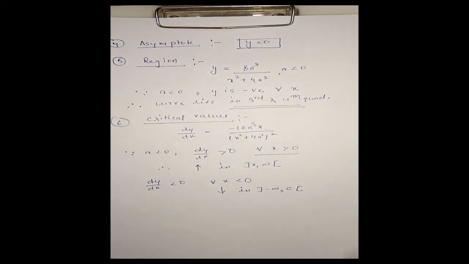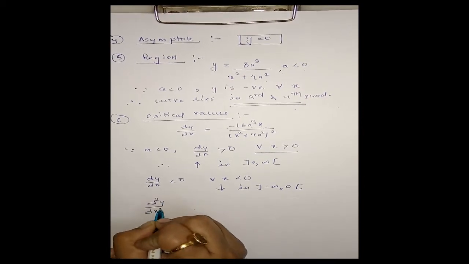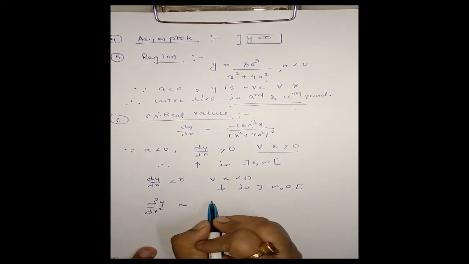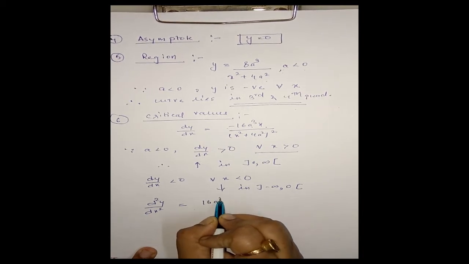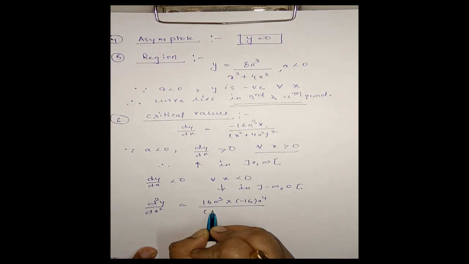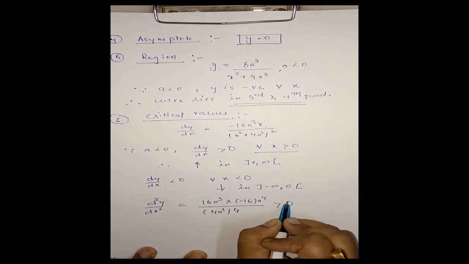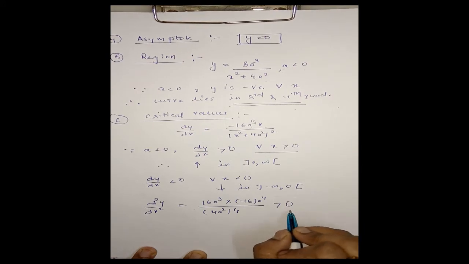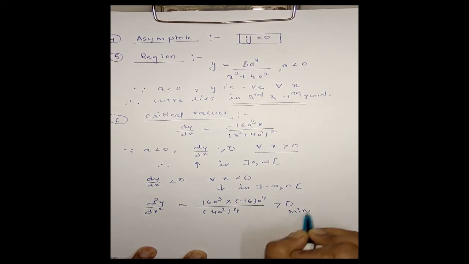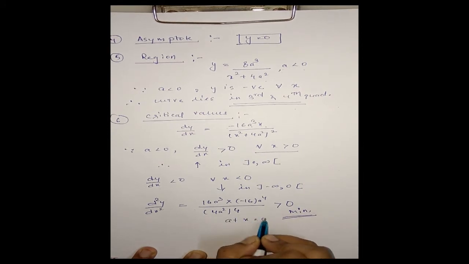This is the difference. And also d2y by dx square, which is 16a cube into minus 16a4 upon 4a square by 4, is greater than 0 at the point x is equal to 0. That means it is minimum at x is equal to 0.